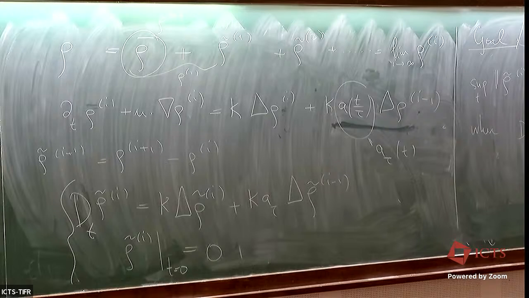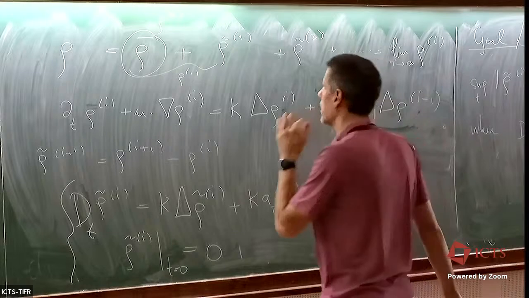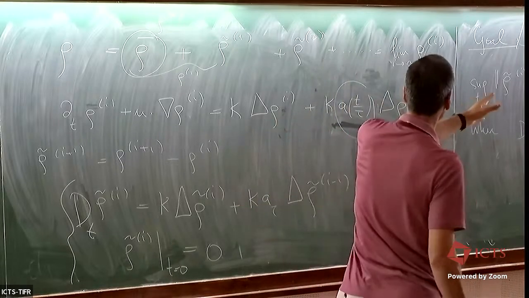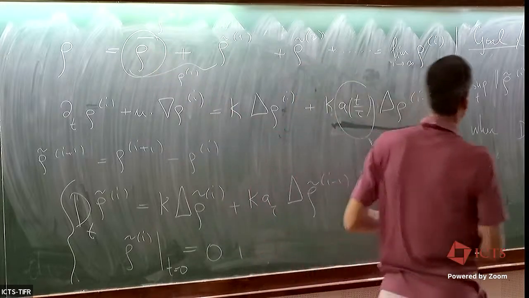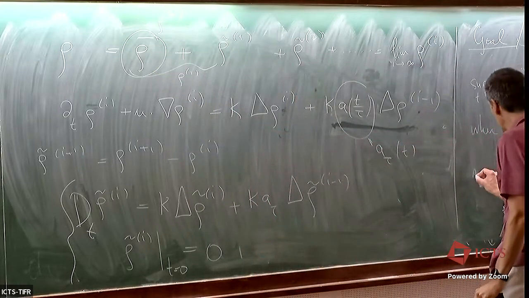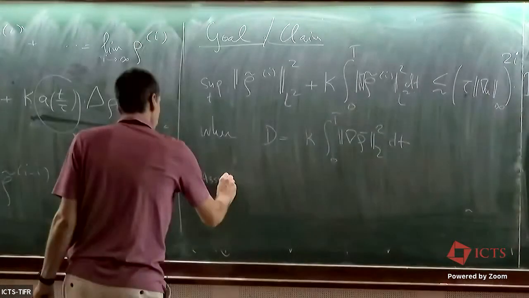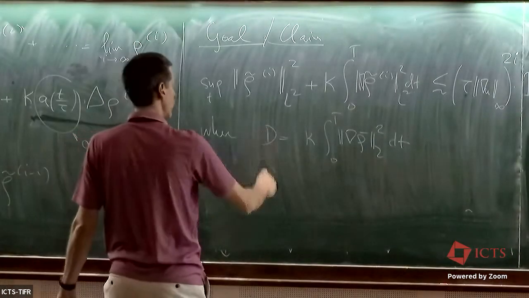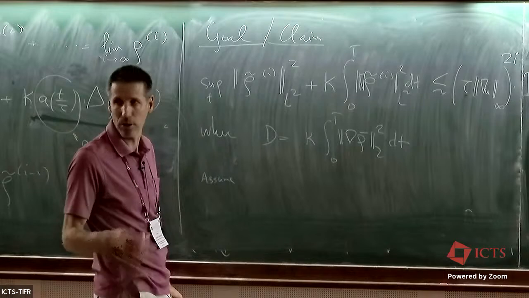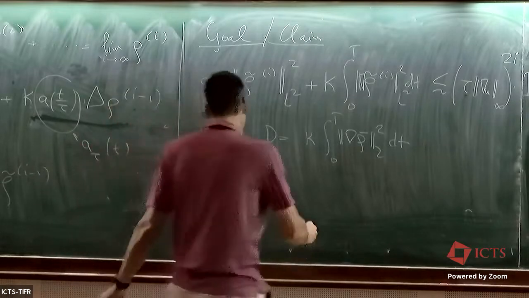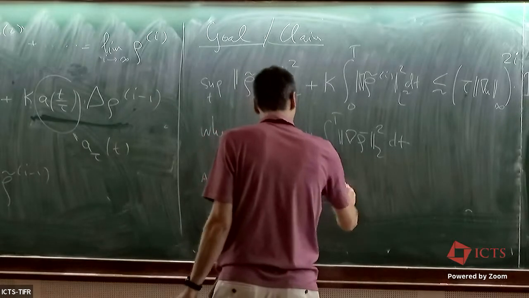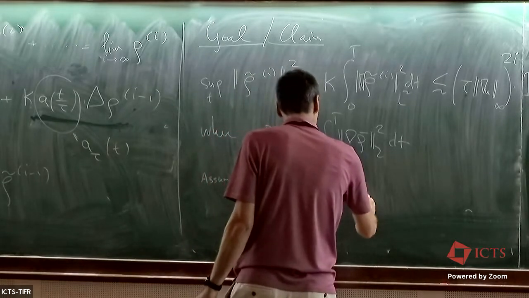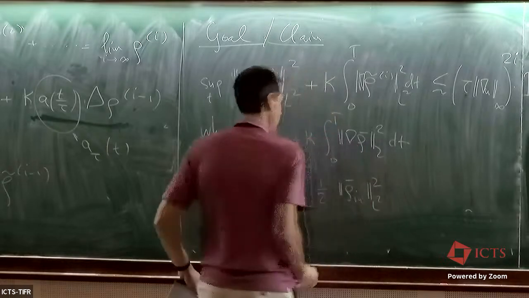One of them is that, of course, you can always expect that you will have some information on the initial data appearing in the estimates, the initial data of the rho bar. And one of the assumptions is that this d is not too small compared to the initial energy. So assume that d bounds, let's say, like 1/2 of the initial energy.